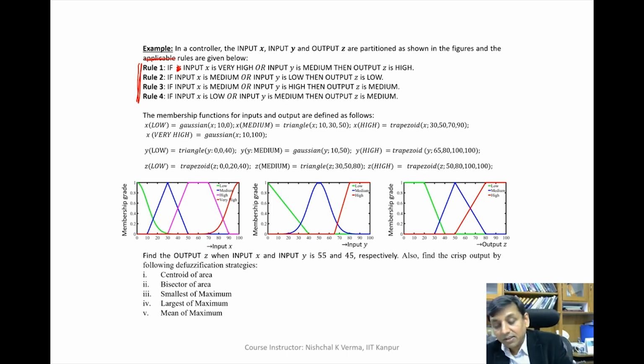So let us first understand the rule here. We have four fuzzy rules in this Mamdani type of fuzzy model. In this fuzzy rule, basically we have two antecedents.